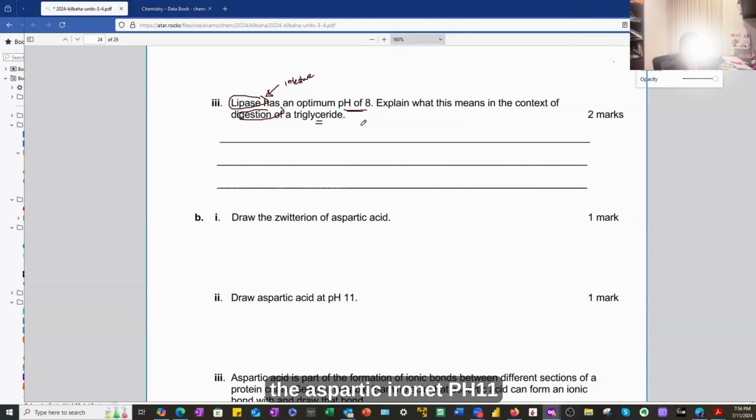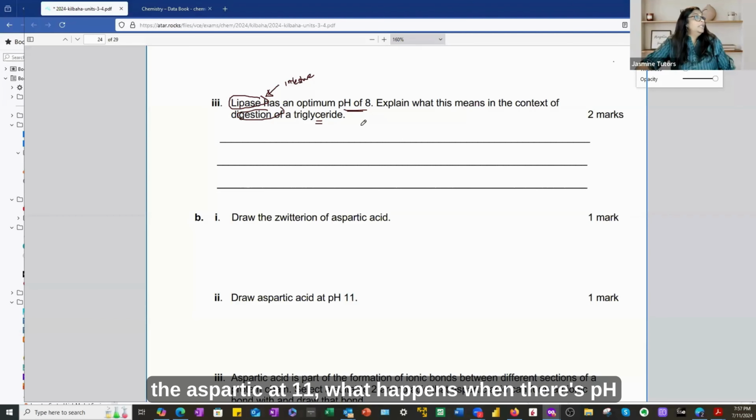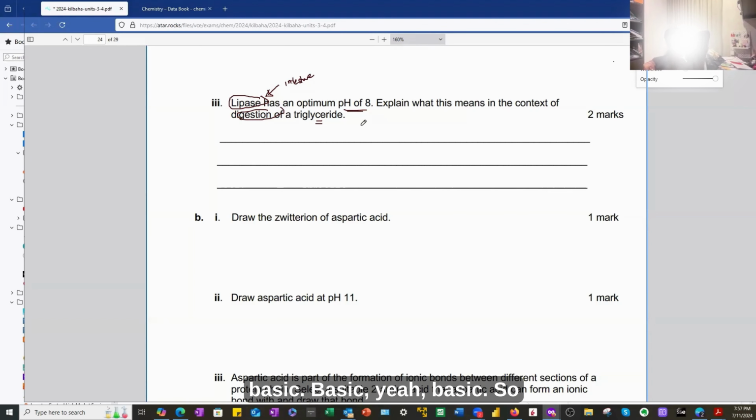And then for the aspartic ion at pH 11, so what happens when there's a pH of 11? Very basic.